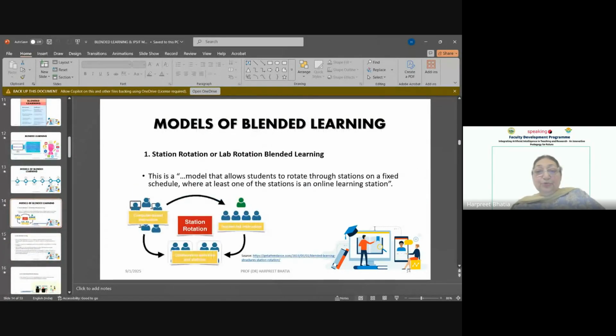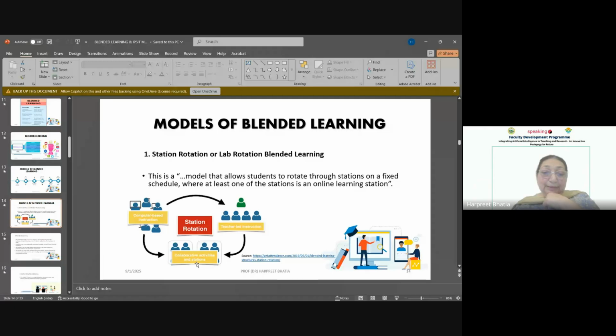Coming to each one of them, the station rotation or lab rotation learning is where, as you can see in the picture, you have one group of students who are in teacher-led instruction. If you have a large class, you can divide them into 3 different groups.